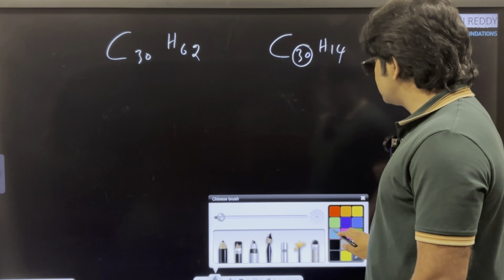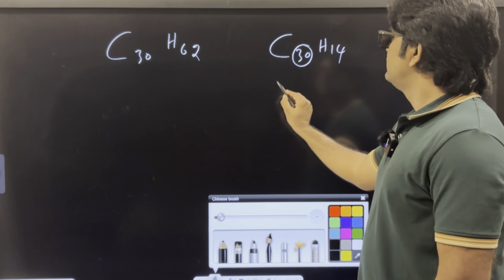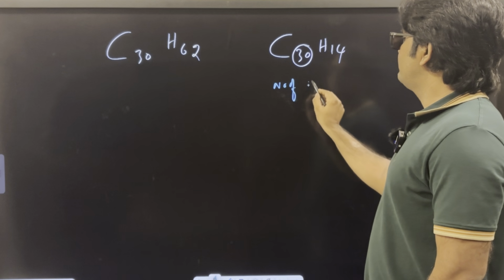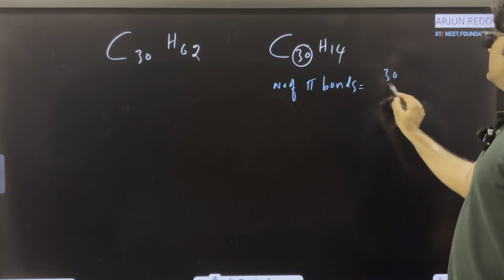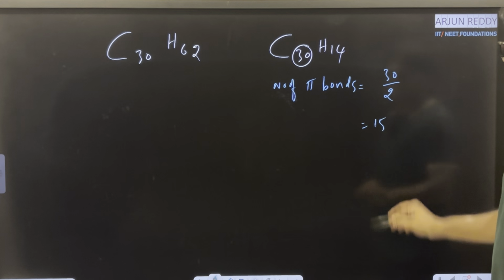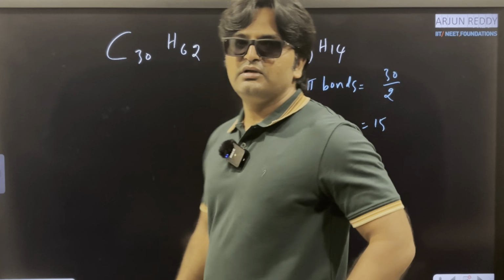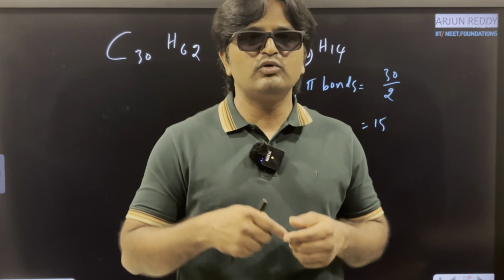Now, degree of unsaturation is nothing but the number of pi bonds and the number of rings. To calculate the number of pi bonds, it equals the number of carbon atoms by 2, that is equal to 15. What is the meaning of 15? A pi bond is arranged between two carbon atoms.